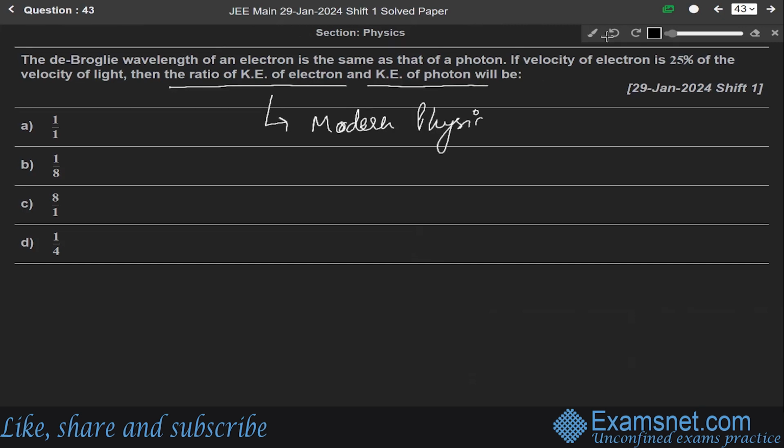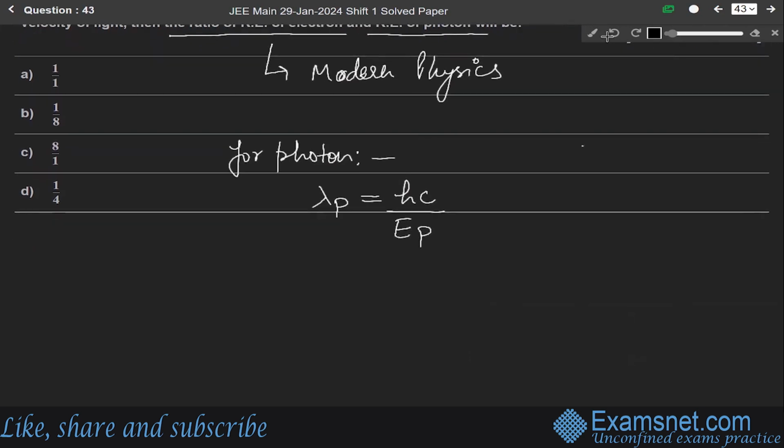For photon, the de Broglie wavelength is given as lambda p equals hc over Ep, since de Broglie wavelength is lambda equals h over p, and for photon E equals pc, so in place of p we can write E over c.